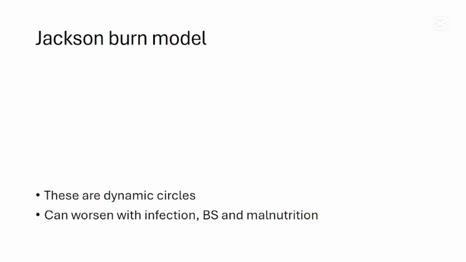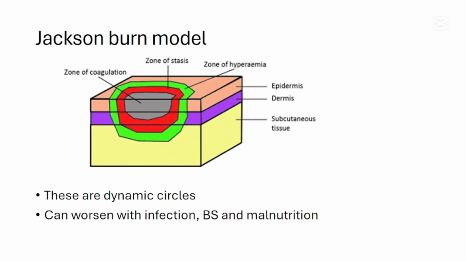So there is this tissue model called Jackson's burn model. You have circles. In the middle you have the necrotic zone of coagulation, all dead tissue. Surrounding it is dying tissue, but treated carefully it might recover, or it might turn into necrotic tissue.